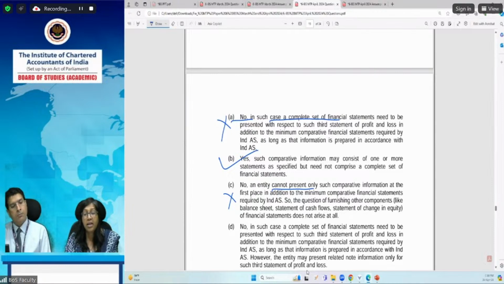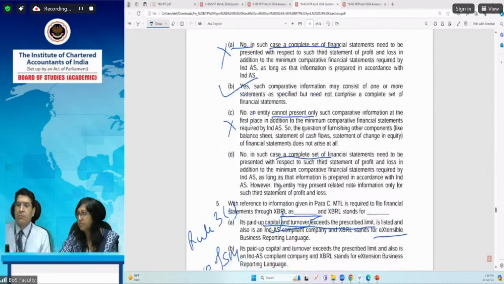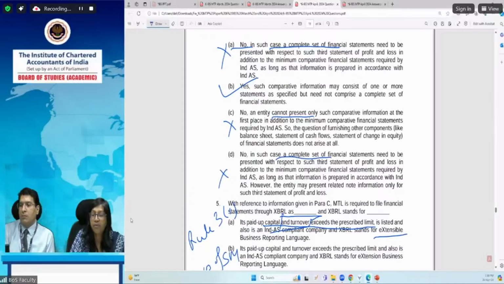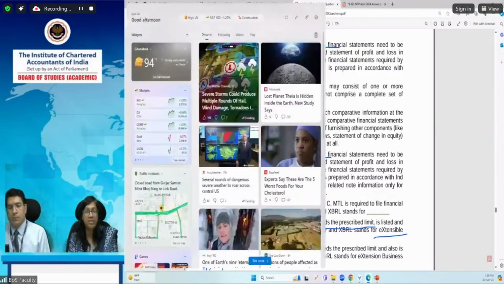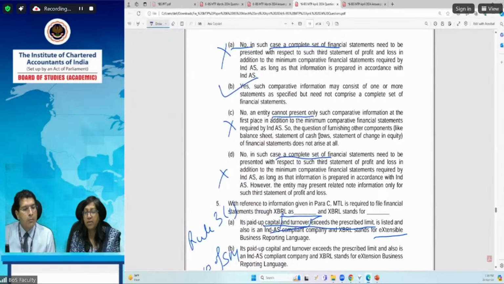See, they are again saying that you can prepare a complete set, but additional notes are related only to the statement of P&L. But it is not like that. So this statement also goes wrong because you cannot provide a complete set of financial statements. So students, I hope by this we are clear that option B is correct for your MCQ 4 also.